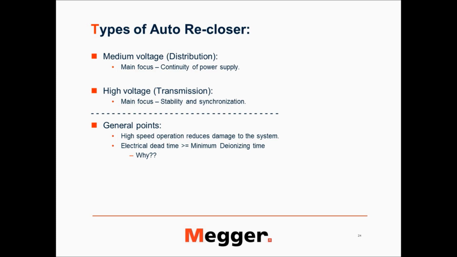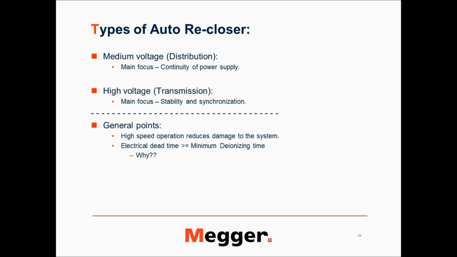Anyway, coming back here, in a transmission system, you will have 1 or 2 shots, not more than that, because if the fault is not cleared in 1 or 2 shots, there might be permanent damage. You don't want to supply the faults, and in those high voltage transmission systems, when you're supplying the fault, your losses are a lot more compared to the distribution systems.